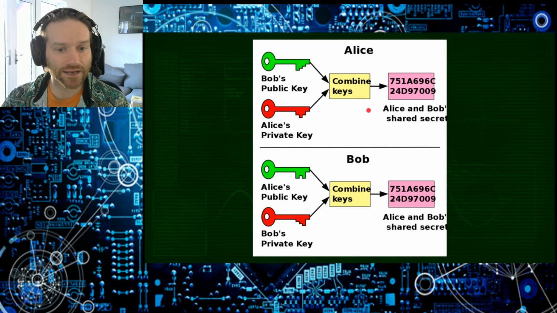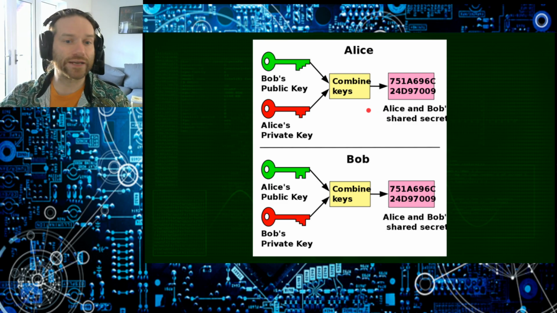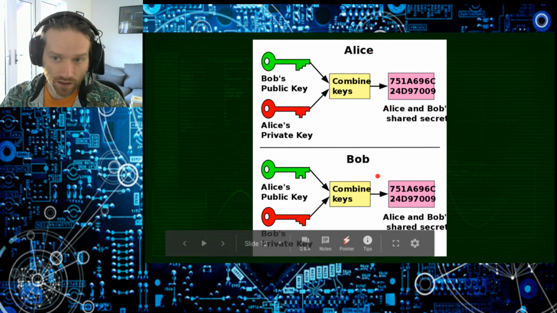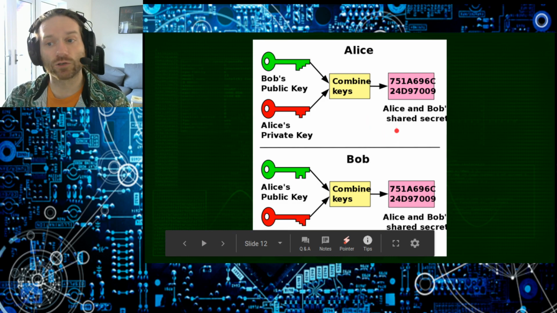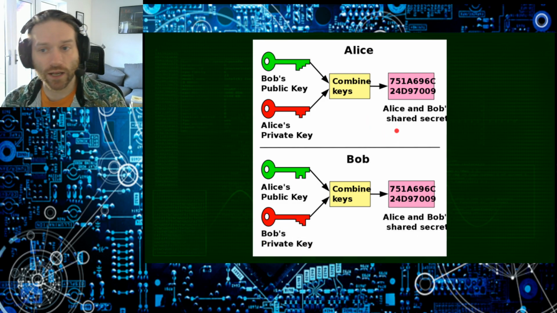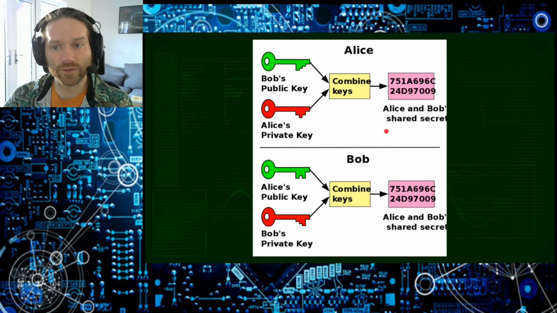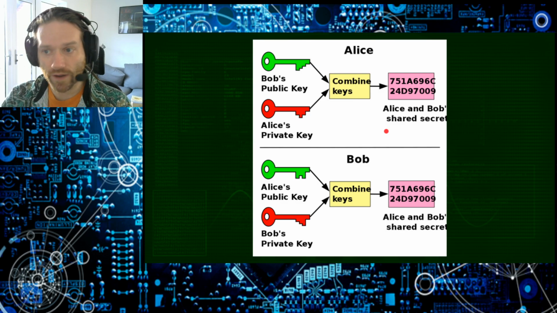It's an encrypted message which can be decrypted by whoever's public keys were used. So, for instance, we've just got Alice and Bob here, but if Alice also wanted to send that message to Charlie, she could combine her private key, Bob's public key, and Charlie's public key, all together.